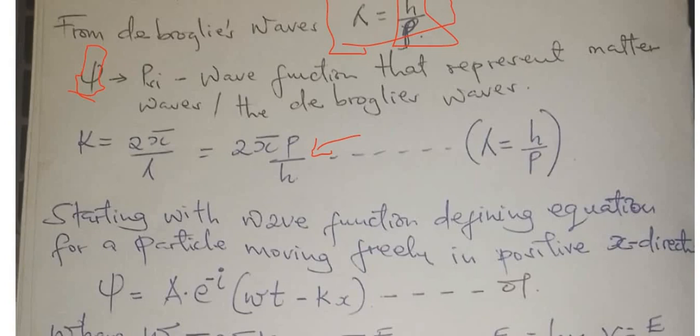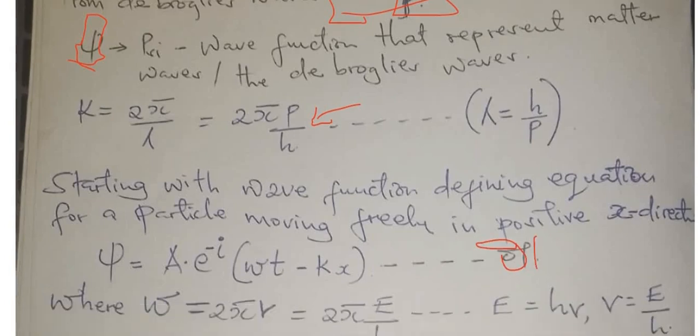Deriving the wave function, psi equals A, which is just a constant, multiplied by exponential of negative i times (omega t minus kx). Let's mark that as equation 1. Then omega is 2 pi f, where f is the frequency.